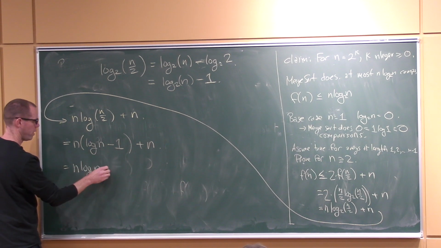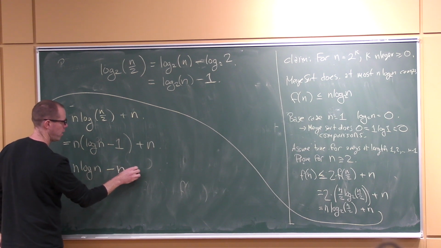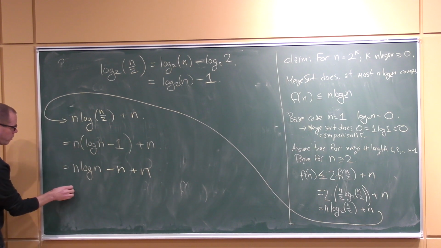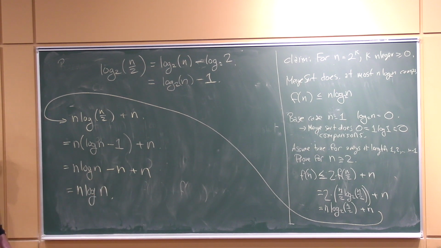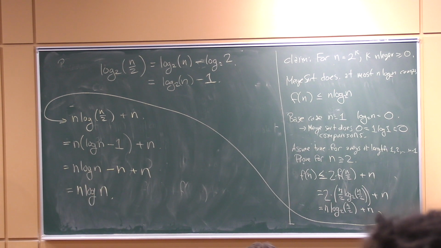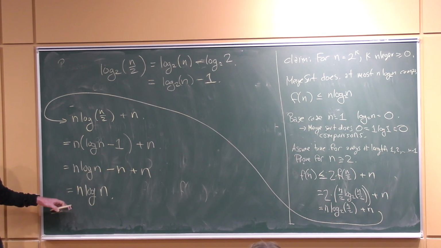We multiply through by the n's, minus n plus n, which is n log n. Okay.